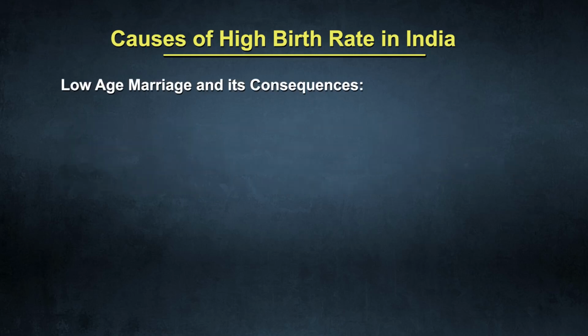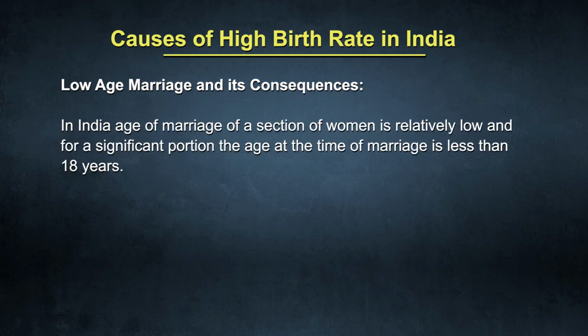Low age at marriage is also a cause of the high birth rate in our country. In our country, the age of marriage of a large section of women is relatively low, and at the time of marriage, their age is less than 18 years.